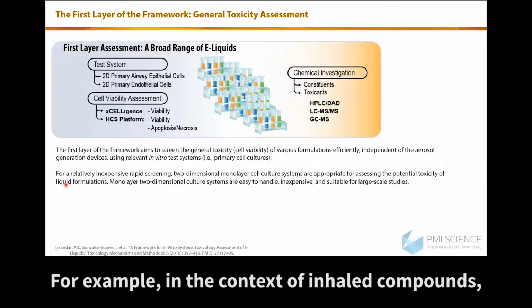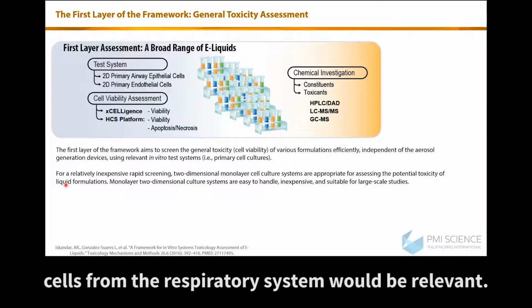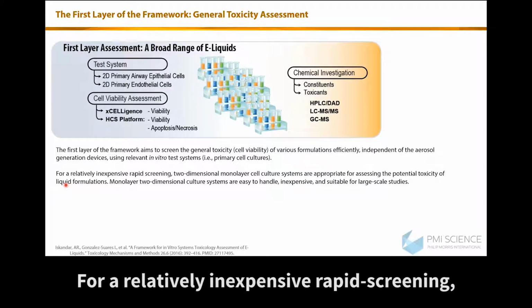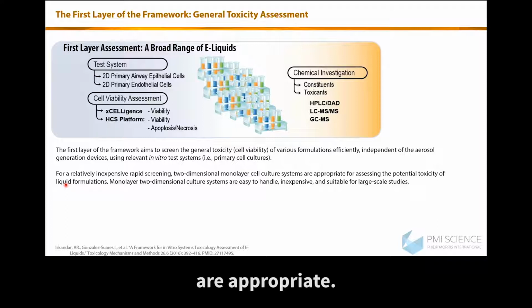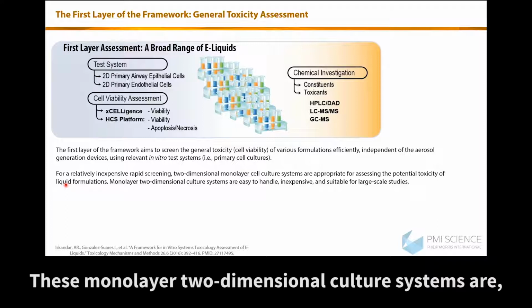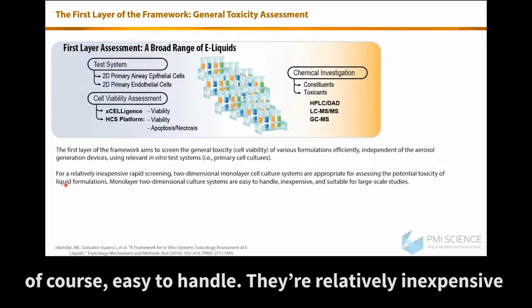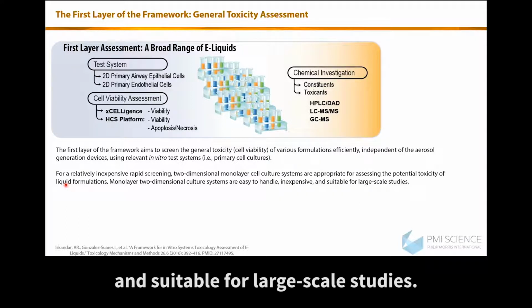For example, in the context of inhaled compounds, cells of the respiratory system would be relevant. For a relatively inexpensive rapid screening, two-dimensional monolayer culture systems are appropriate. These monolayer two-dimensional culture systems are, of course, easy to handle. They're relatively inexpensive and suitable for large-scale studies.